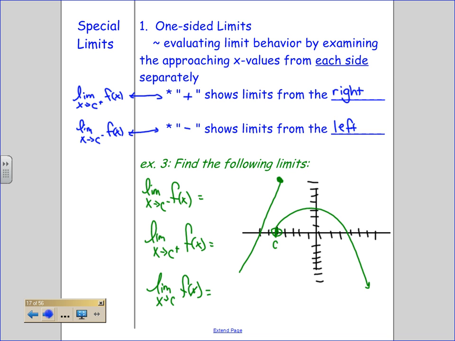Limit from the left, limit from the right, and the limit all together.